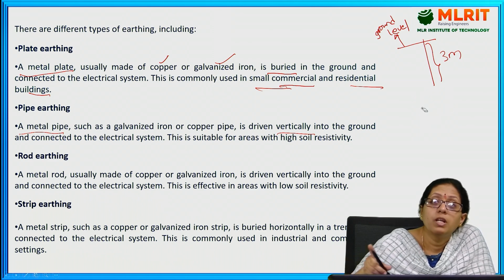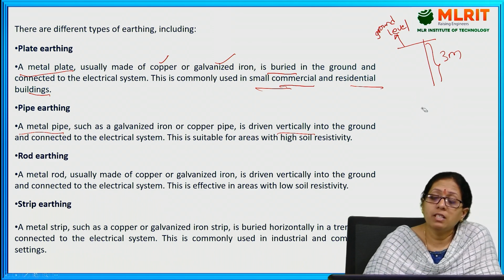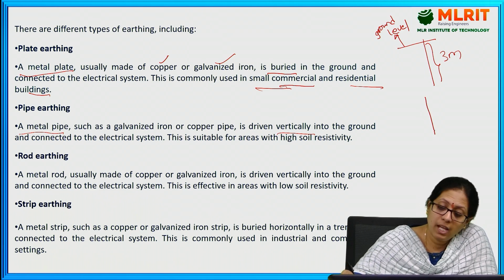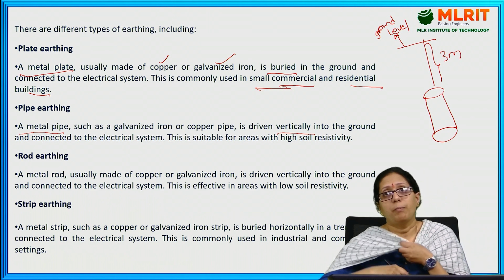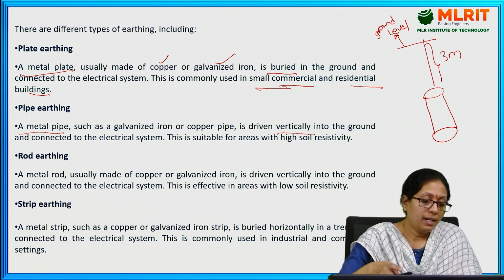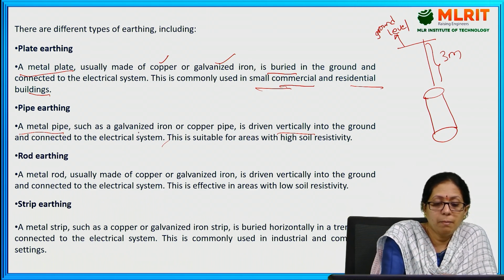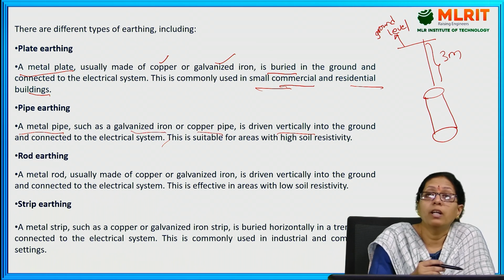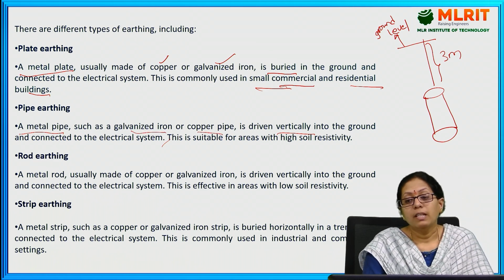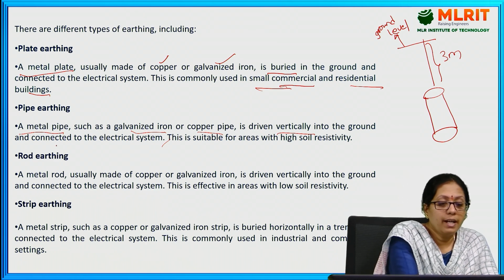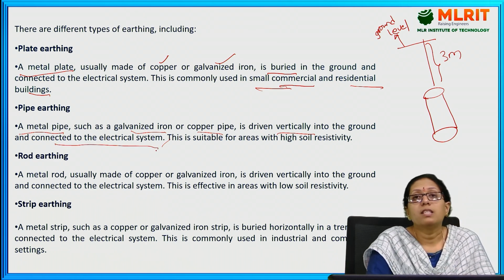Now instead of a plate, we will be placing a pipe made up of galvanized iron or copper, vertically into the ground and connected to the electrical system.